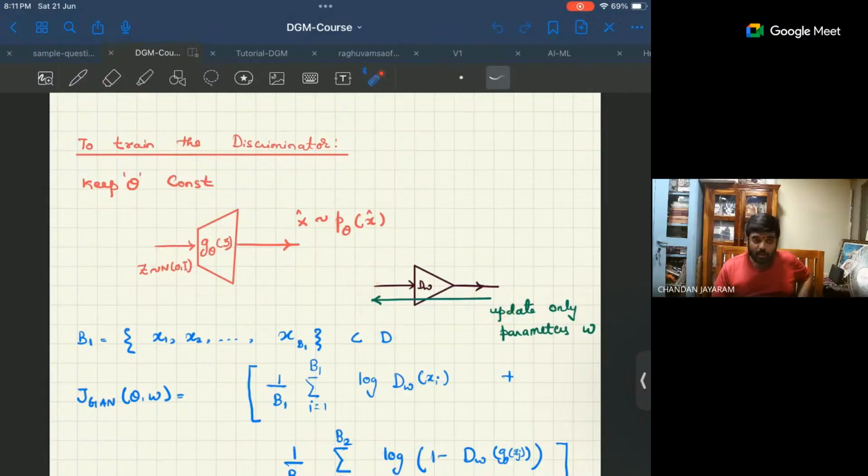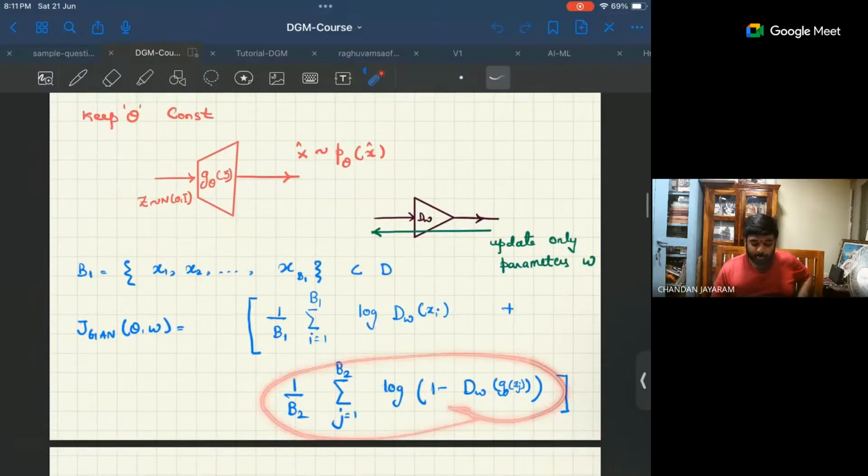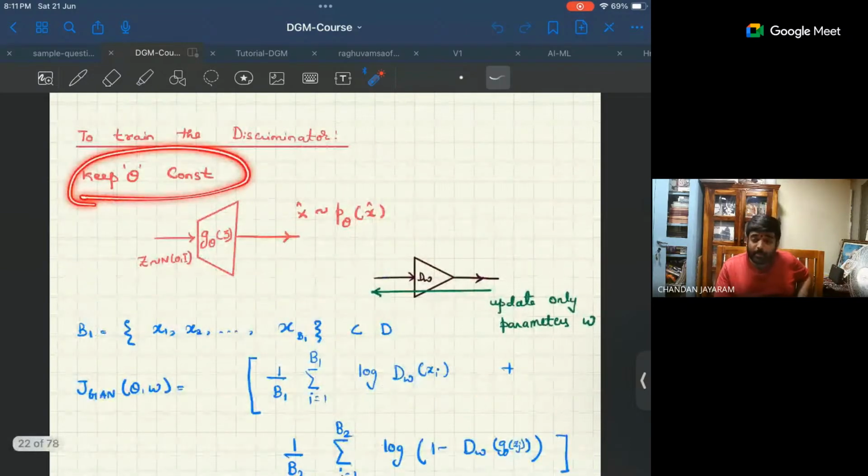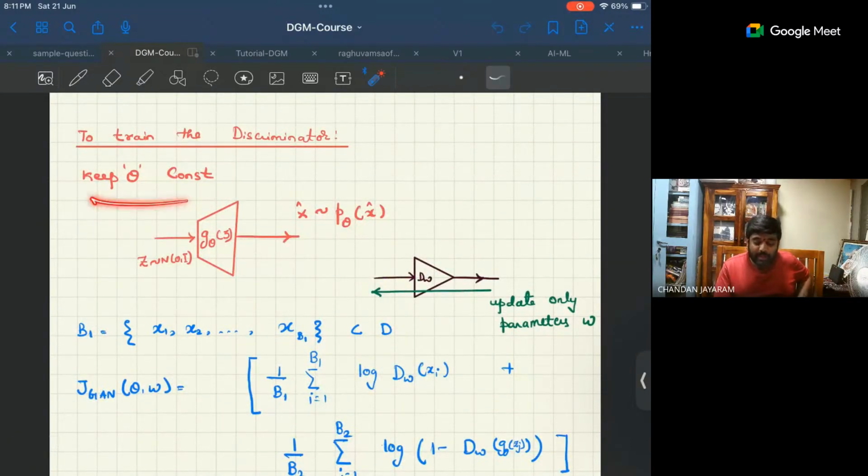The discriminator also has theta inside it, which means there is a parameter that needs to be taken care of. Because of that, we keep theta as a constant while taking care of the discriminator.